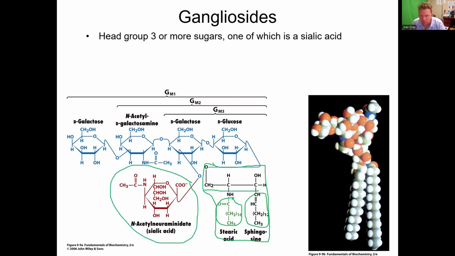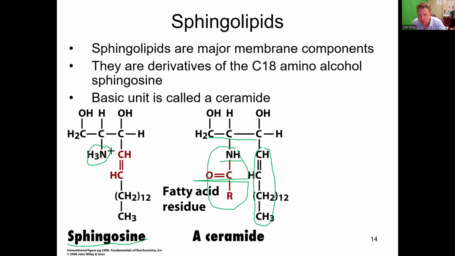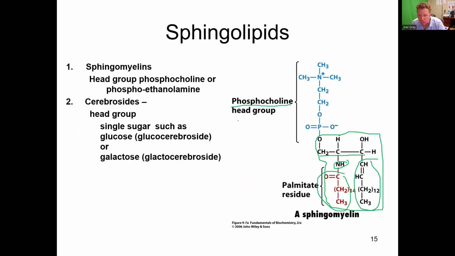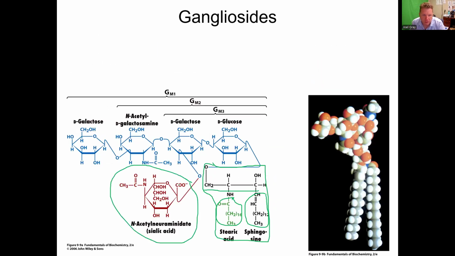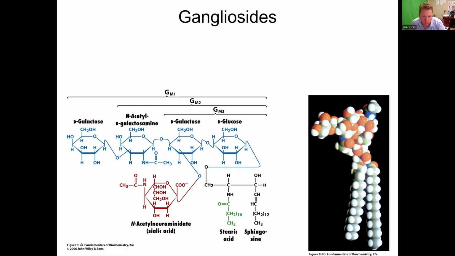So in place of the phosphocholine head group, the head group is, now I'm going to clear all my drawings and circle just the head group in red. There is the head group.